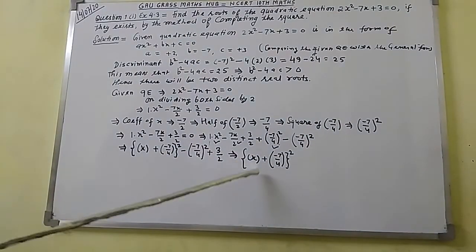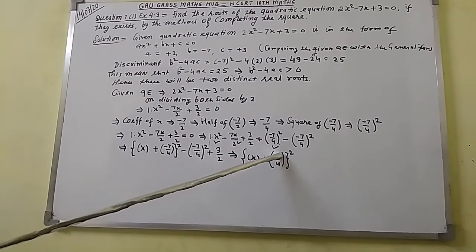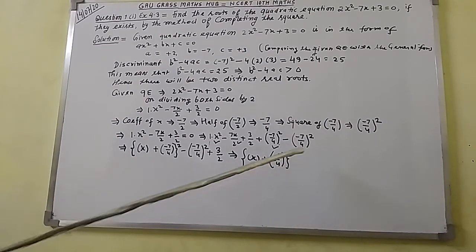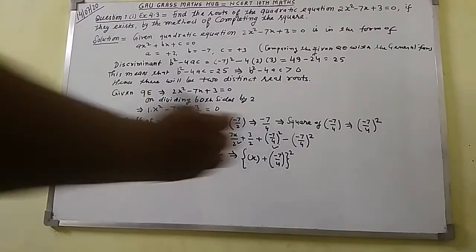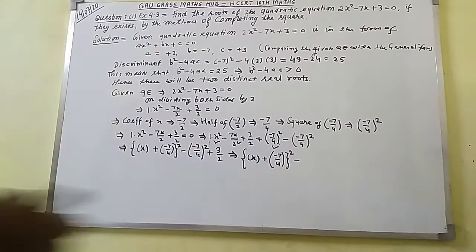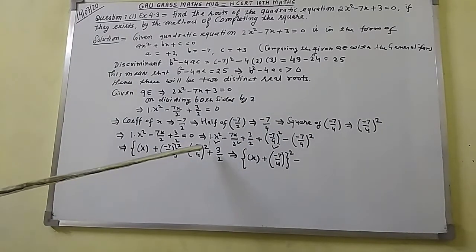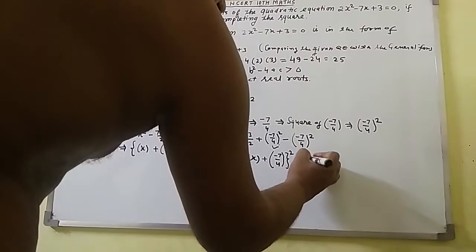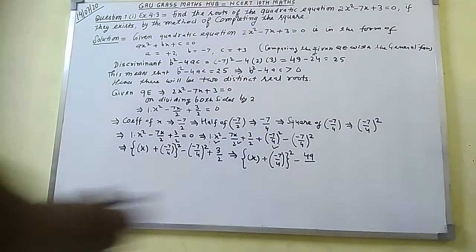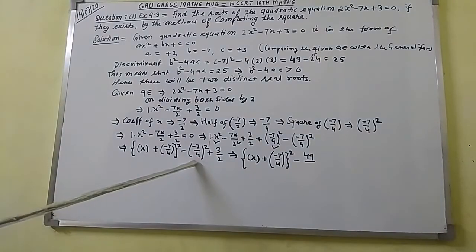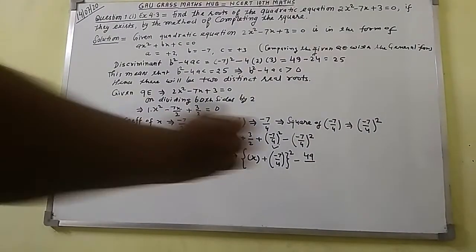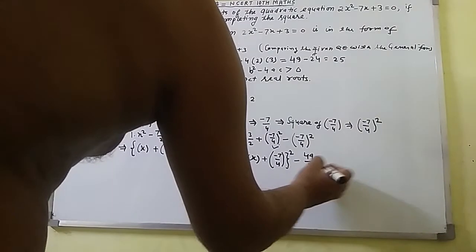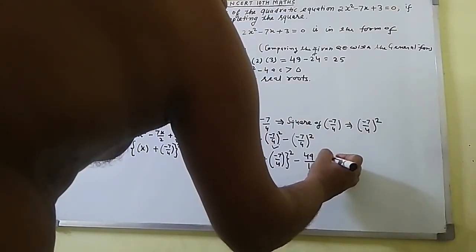So x plus minus 7/4 whole square, and this will become minus, expand this one. Minus 7 will multiply to minus 7. You will get here 49, and here 4 will multiply to 4. You will get here 16. Here you can write 3/2.